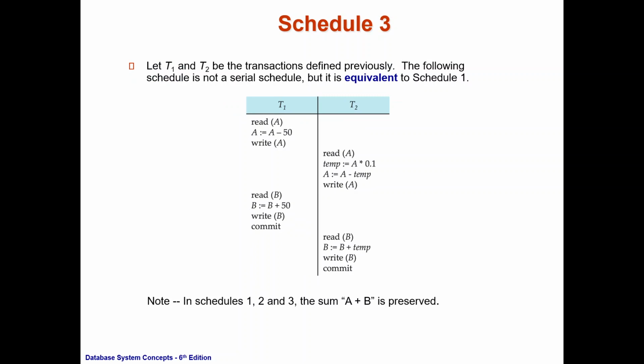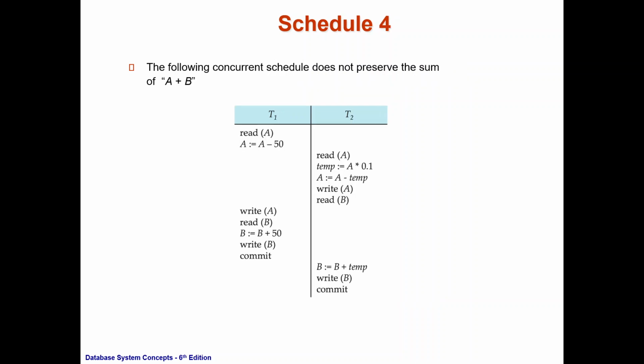So schedule 1 and schedule 3 are equivalent. You can write schedule 1 or schedule 3, the operation will be the same and the output also will be the same. And how do you say? Because A plus B value must be preserved. Before the transaction A plus B was 3000, here after the transaction also A plus B will be 3000, right?